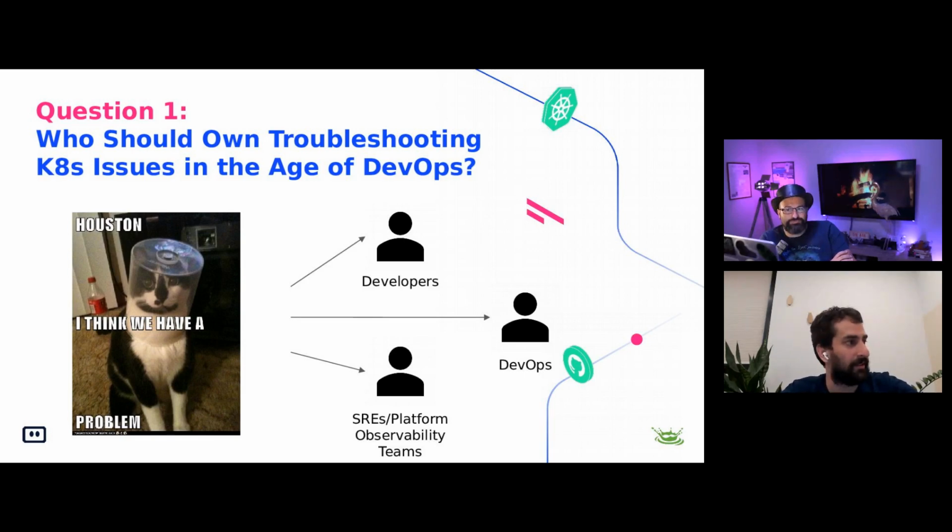So I think the main reason the ops people were responsible for troubleshooting in the old days is that they were the ones moving the code from the dev environment into production. But now, if the developer is responsible, why do I as an SRE need to wake up if you wrote bad code, Baruch? It doesn't make any sense. And how can I help you? It's your code. You should fix it.